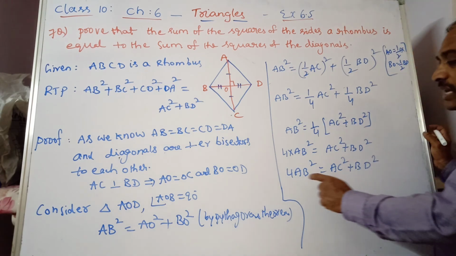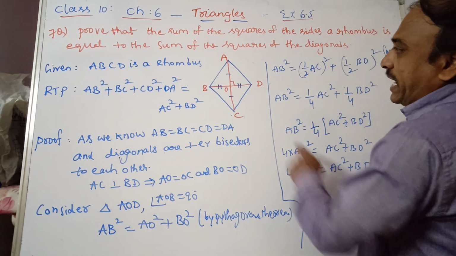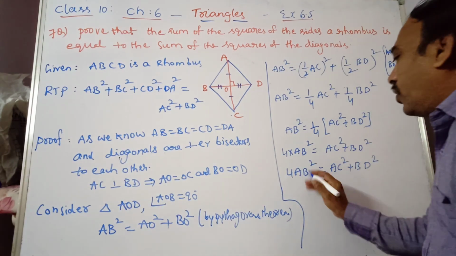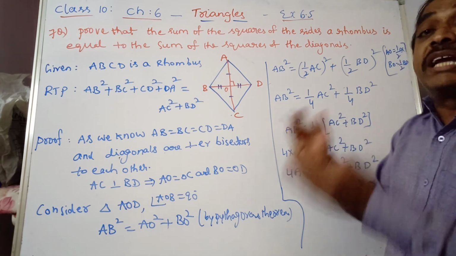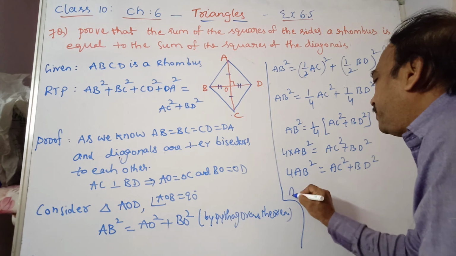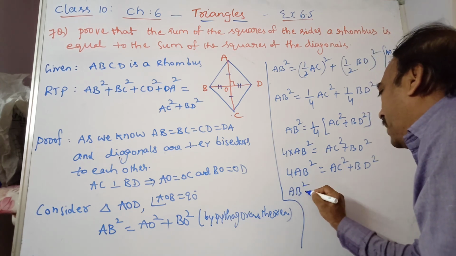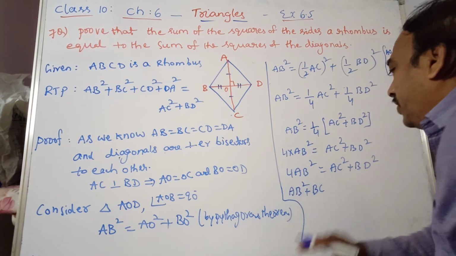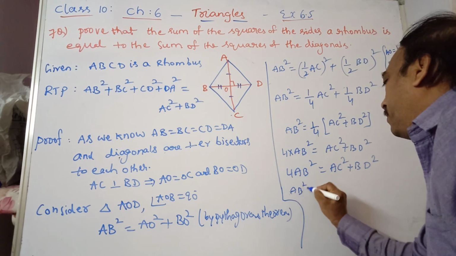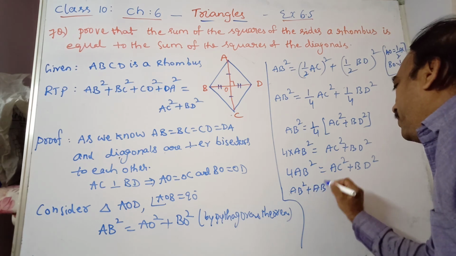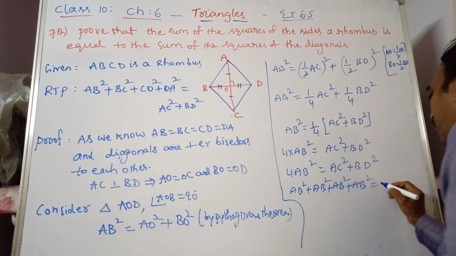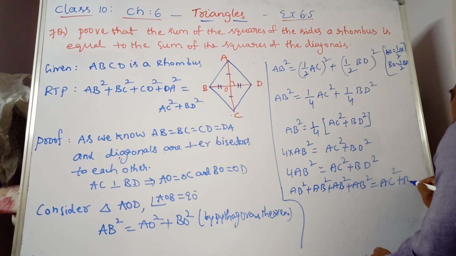Next you see here 4 times AB square, but all the sides are equal. Instead of 4 times AB square, if you want, you can write one more step over here: AB square plus AB square plus AB square plus AB square is equal to AC square plus BD square.